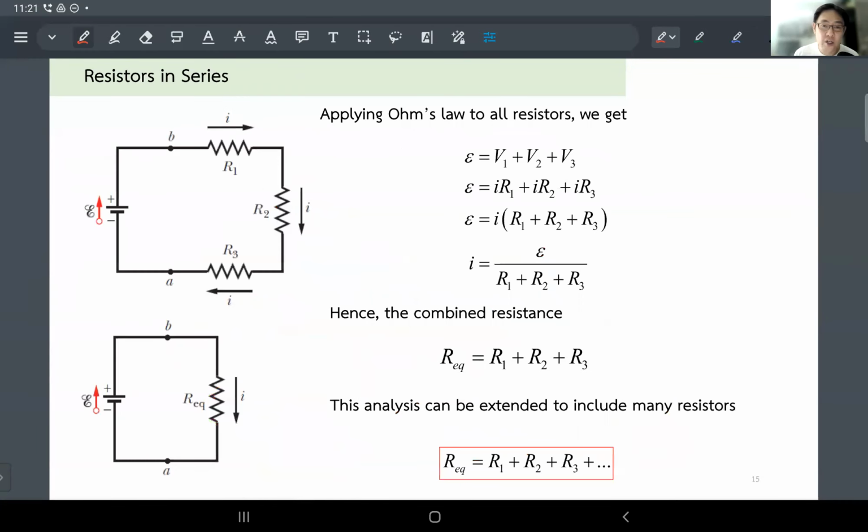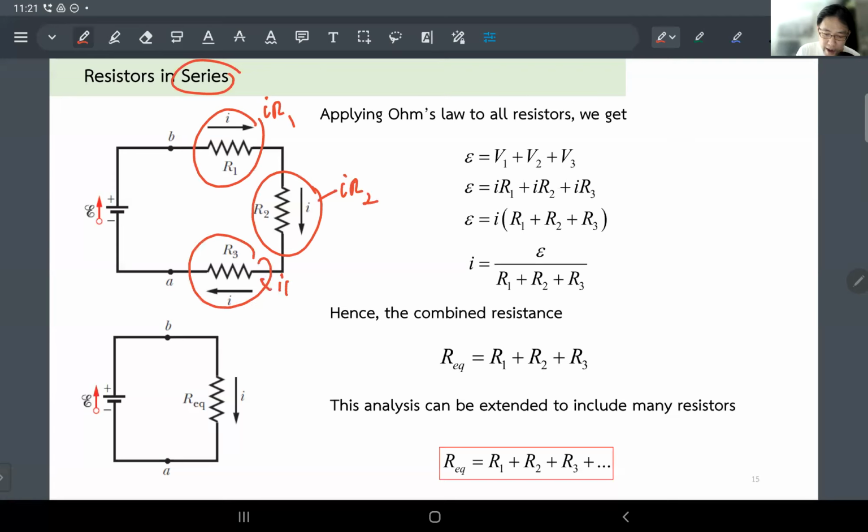Okay, so that concludes the whole thing. If you have more than just two, you can have tons of resistors in your circuit. If those resistors are connected in the same manner, we call these connections a series connection because they are connected back to back. So you can have R1, R2, now you can have R3, R4, whatever, as long as they're coming in line, in series like this. The concept stays the same: the potential across this one is going to be IR1, potential across this one going to be IR2, and across this one going to be IR3.